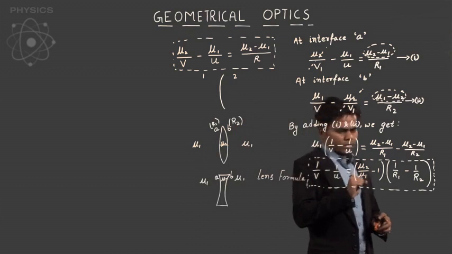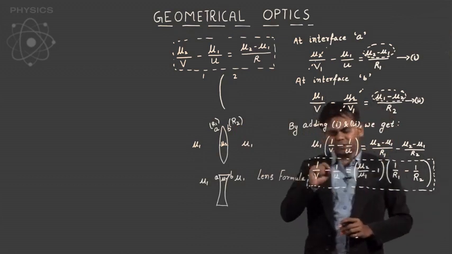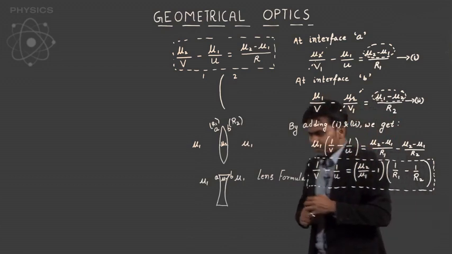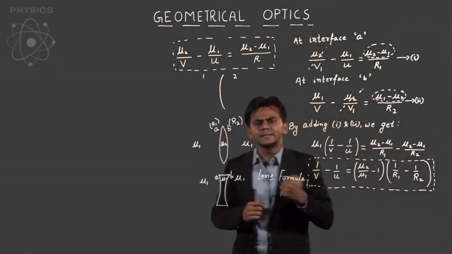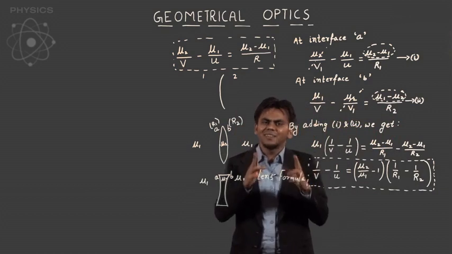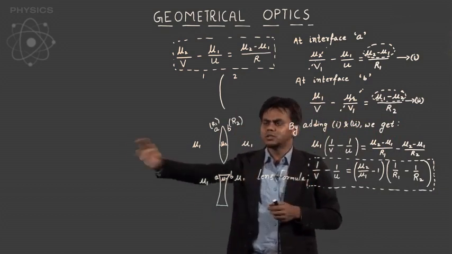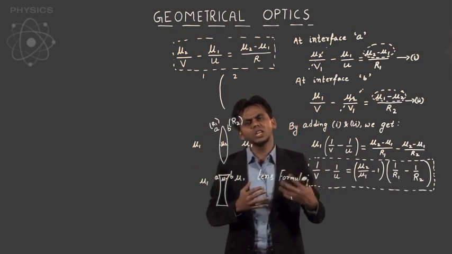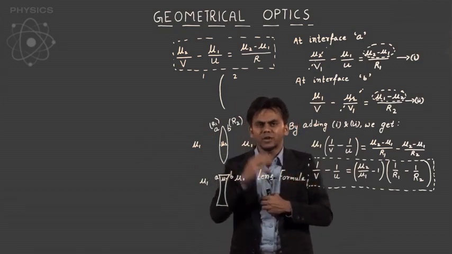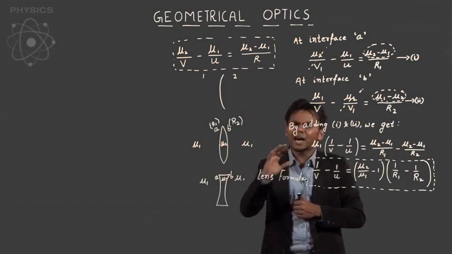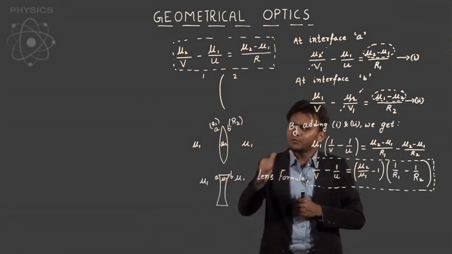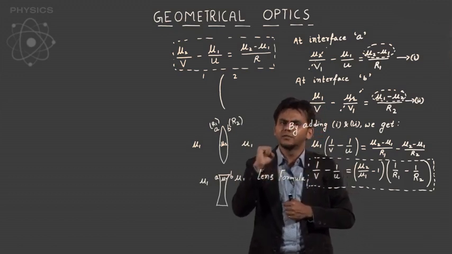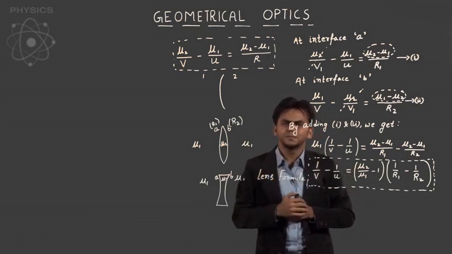Now, let's say you have kept your object at infinity. The idea of object at infinity is parallel rays are coming towards the lens, either this or this. And by the definition of lens, parallel rays, if the lens is converging, have to converge at focus.